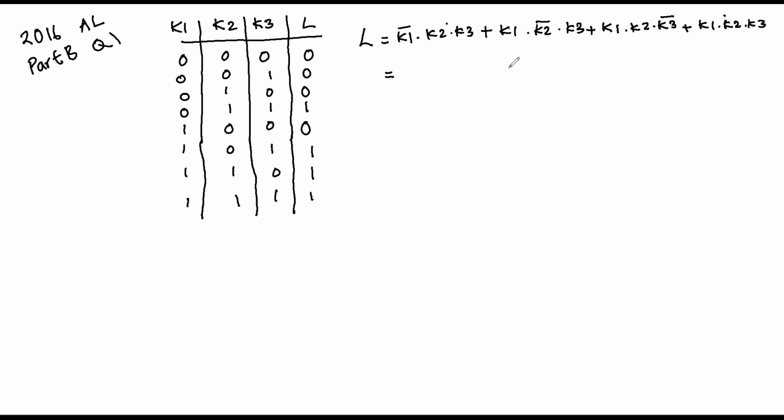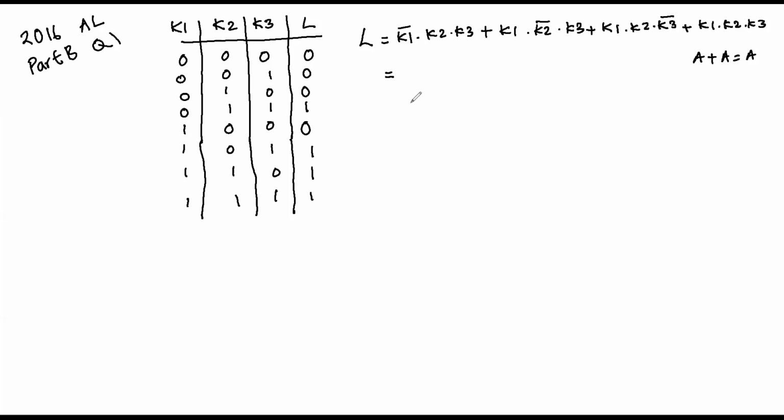Why is that? Because there are two symbols that are the same, K2, K3. We know from the Boolean rules that A plus A equals A, which means A equals A plus A. So you can have multiple terms to solve this with the other 3 terms.